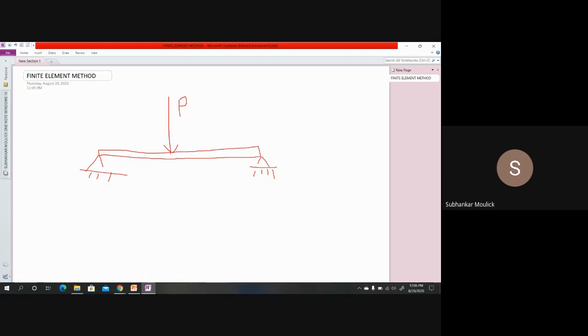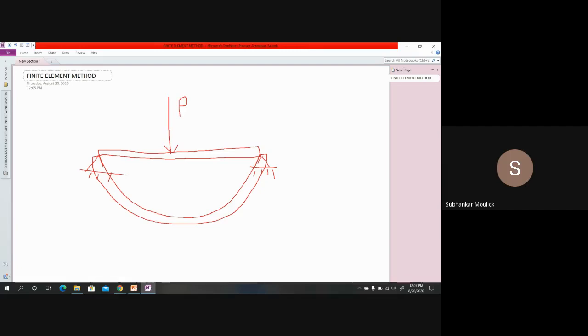If a point load is acting, the beam will also bend. So when the beam bends, it will take somewhat this kind of shape. Yes or no? Yes sir, the beam will take somewhat this kind of shape.